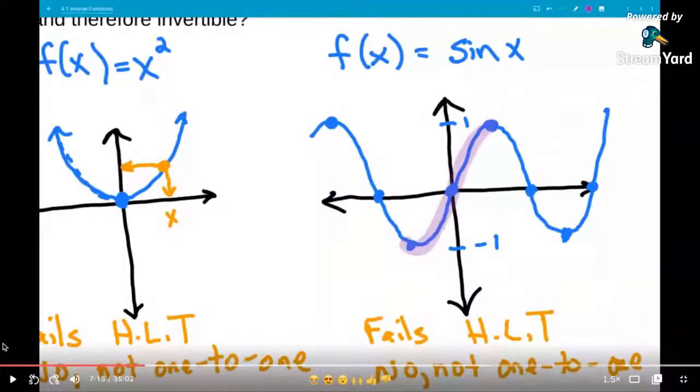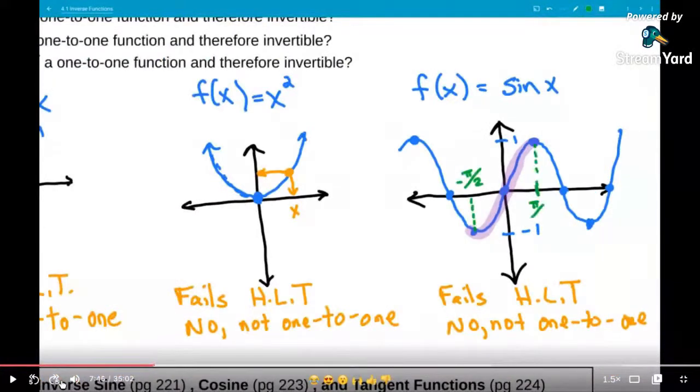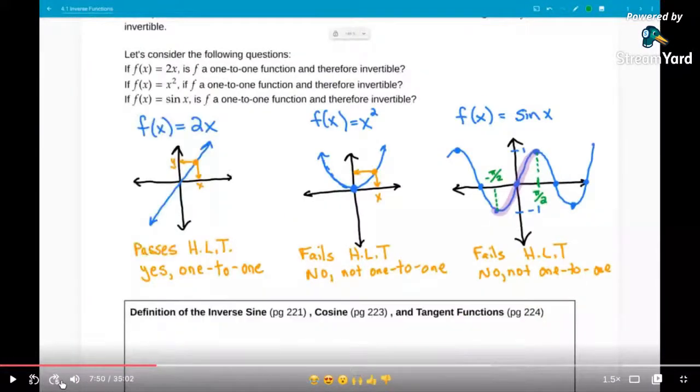So I just highlighted it. If we restricted the domain from negative pi over 2 to pi over 2, the graph would pass the horizontal line test and therefore be invertible, and therefore its inverse would be a function.